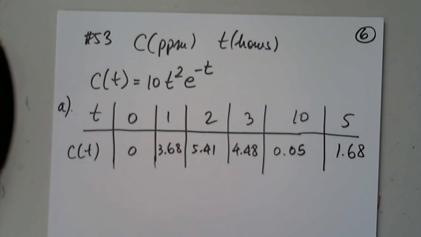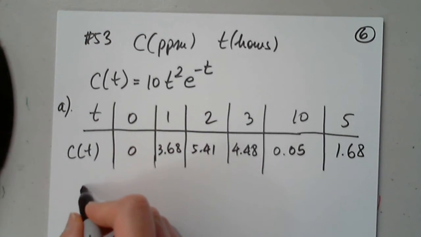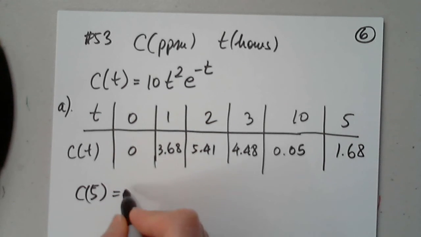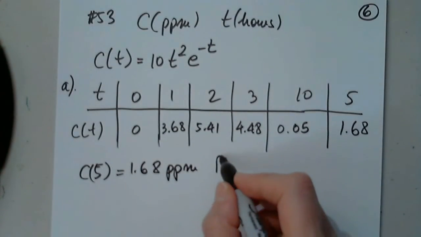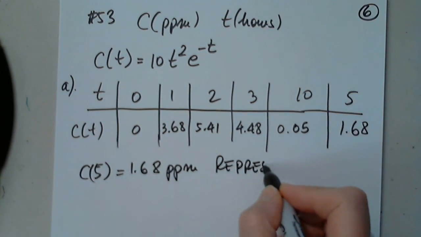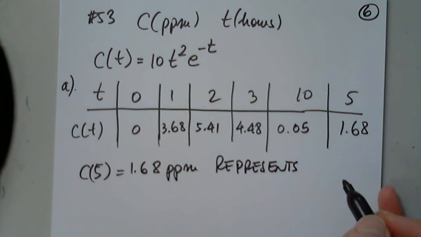What is this? Well, so C of 5 equals 1.68 ppm represents, anyone wants to help?